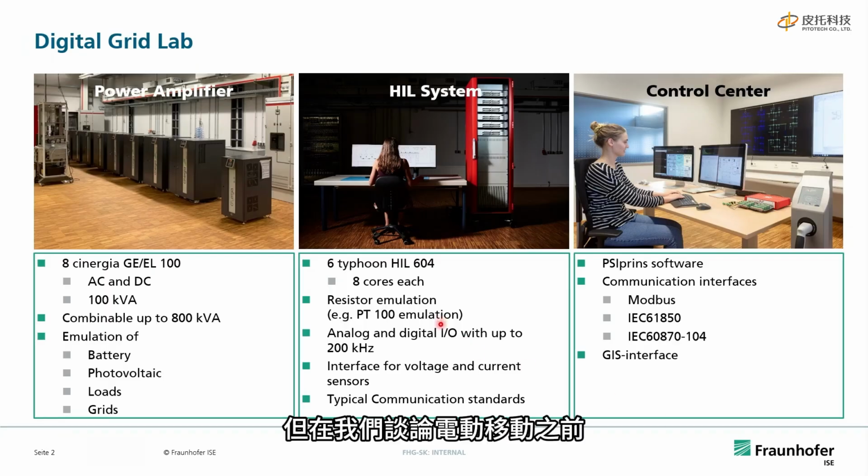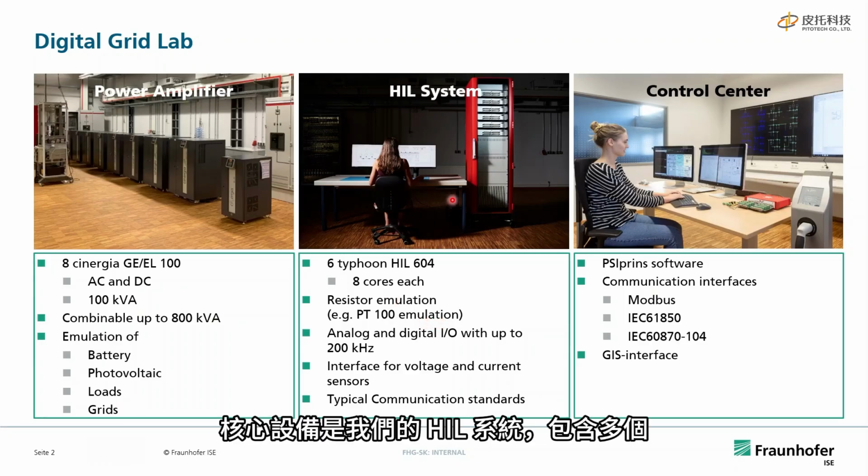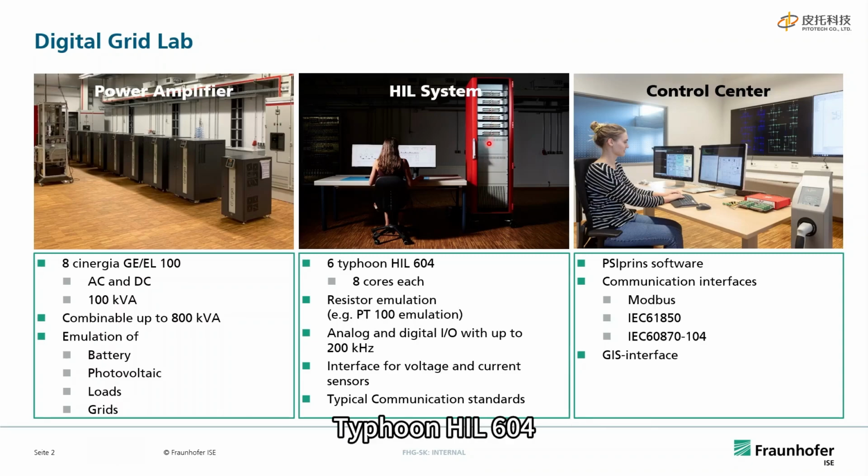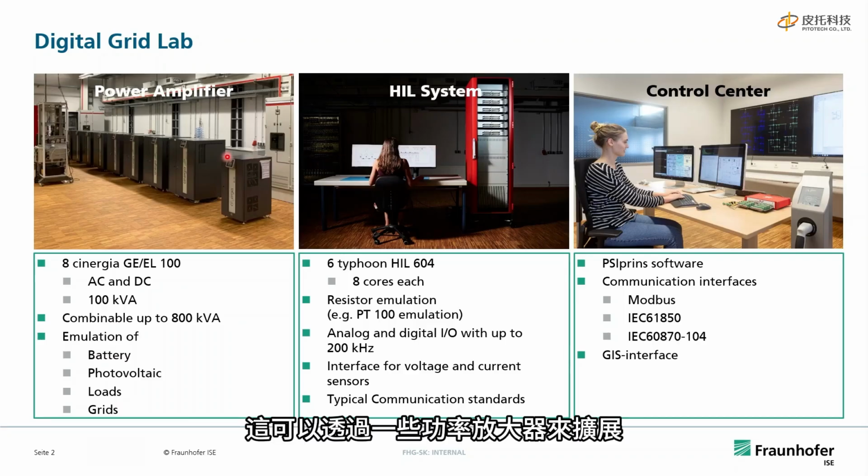But before we talk about e-mobility, I want to introduce you to our Digital Grid Lab, our PowerHIL lab. The central unit is our HIL system with several Typhoon HIL 604. This can be extended with power amplifiers to a PowerHIL system.